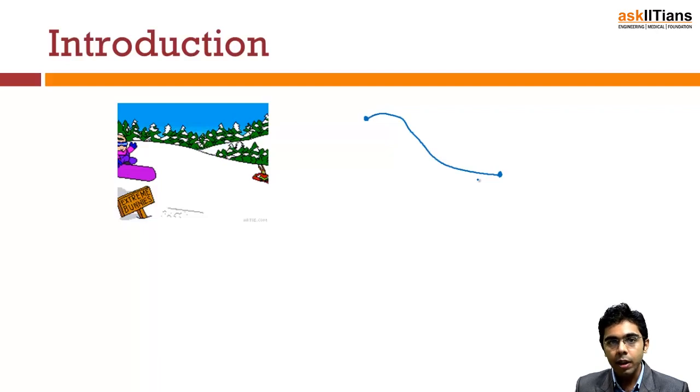Therefore there is a need to introduce the concept of work, energy and power, to get the details of the motion. In this chapter we are going to see how exactly we can solve these kinds of complex or difficult situations.